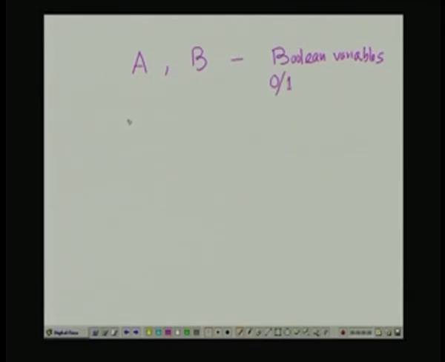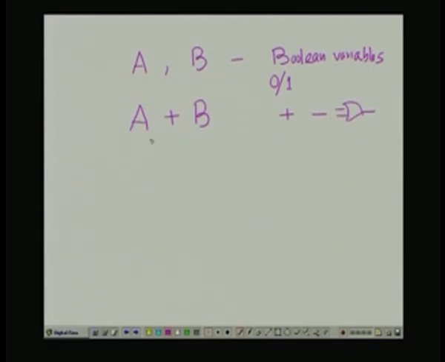Now, say one simple expression is given: A plus B. These are the two Boolean variables, and this is one operator. What operator is it? Our OR operator. We know that for this, a logic gate exists. For plus, I know that my logic gate is OR.